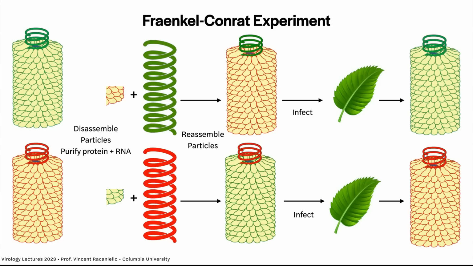So you could just add the protein to the RNA, it reassembles, and then you can infect leaves. And lo and behold, the color of the coat is determined by the RNA. So if you have the RNA from a green virus, it makes a green virus particle. The type of coat is not maintained from the protein because it's encoded in the RNA. So I'm using red and green just as an example here.